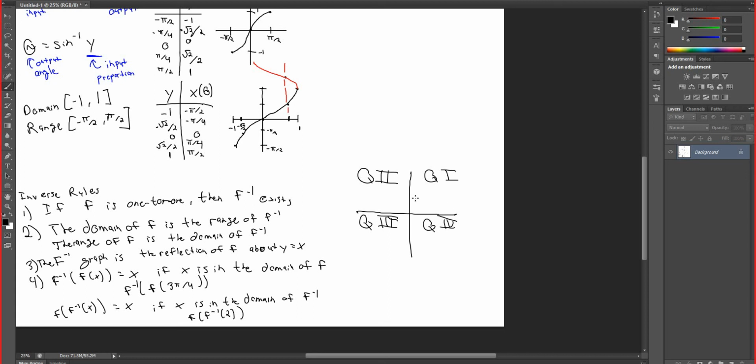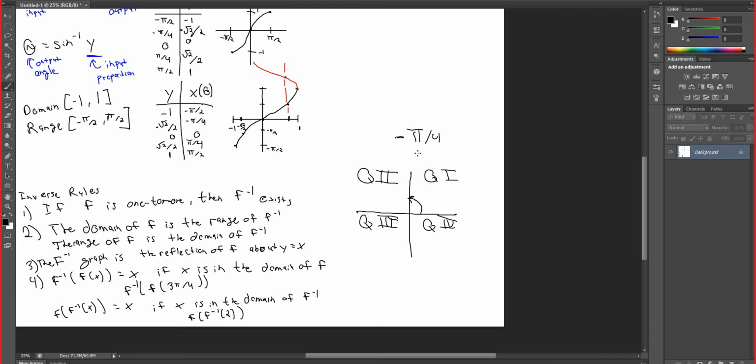Where would, say, an angle between 0 and pi over 2 fall? Anywhere. Wait, pi over 2. Yeah, so if I had, say, pi over 4, what quadrant would that be in? So that'd just be first quadrant, right? Yep, that'd be in quadrant 1.